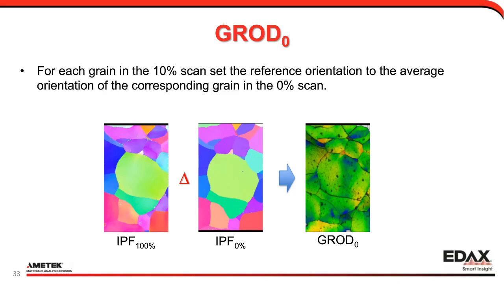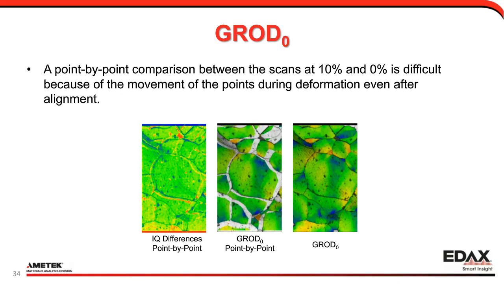Just as a note, it's not necessarily easy to do this point-by-point comparison between the scans at 10% and 0%, because the sample is moving as you deform it, especially in a tensile test. We may not be right at the center of our area, and so you can see that in this case we have a slight shift. I've corrected for that shift, and then also done a few tricks, because obviously the grains are changing shape also as we deform, and so I've had to do a little trick to try to fill in.